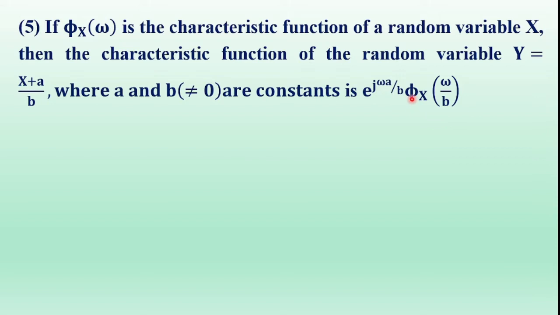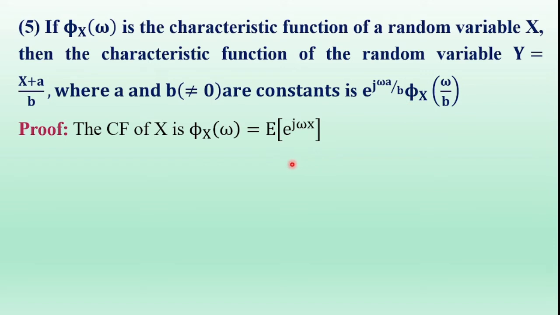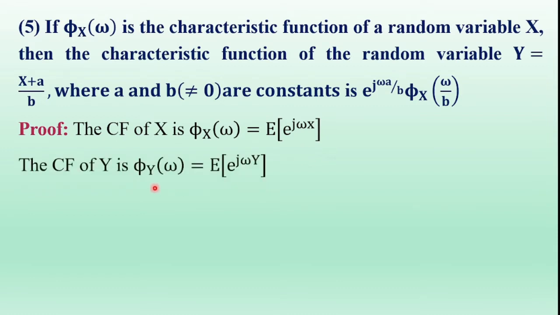Now coming to the proof of this property. We know that the characteristic function of the random variable capital X is φx(ω) = E[e^(jωX)]. Similarly, the characteristic function of the random variable capital Y is φy(ω) = E[e^(jωY)].